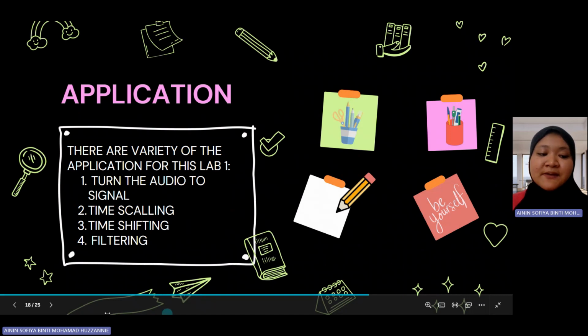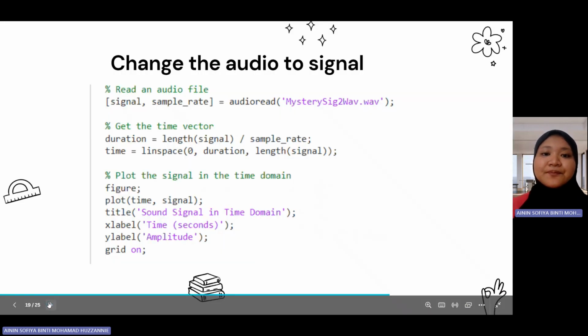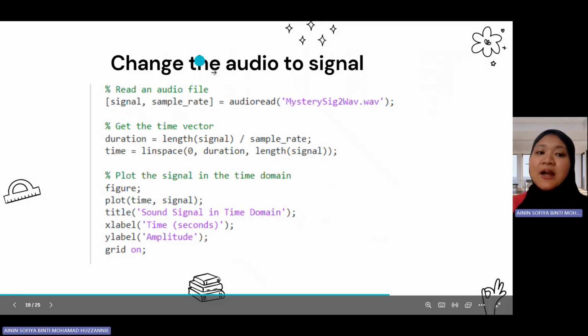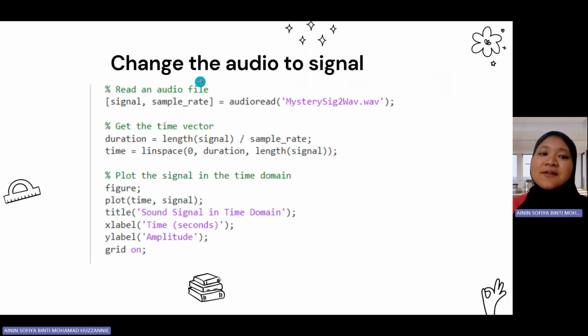So the first one is this coding, which is about changing the audio to a signal. To read an audio file, I use signal and sample rate with audioread. I put the audio to change into the signal, and duration equals length of signal divided by sample rate, time equals linspace from zero to duration with length of signal points.